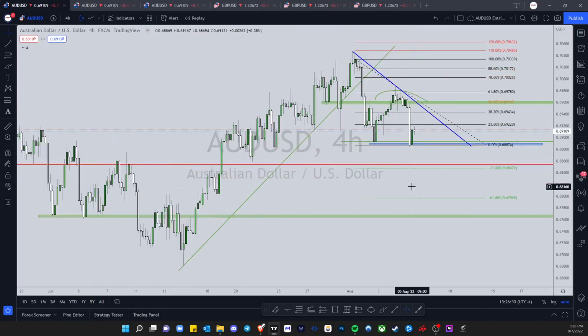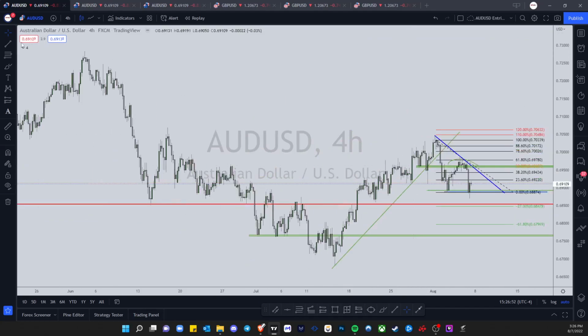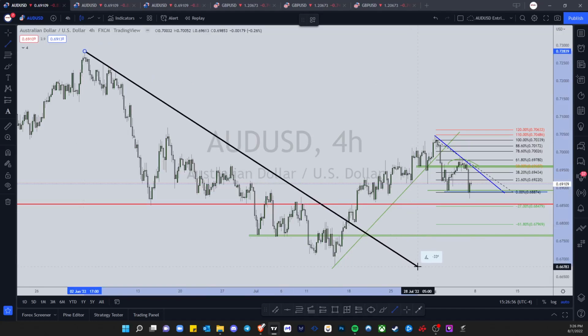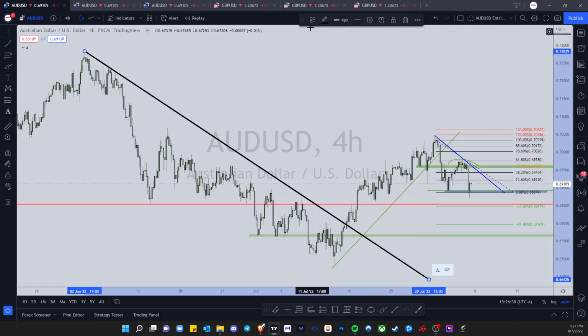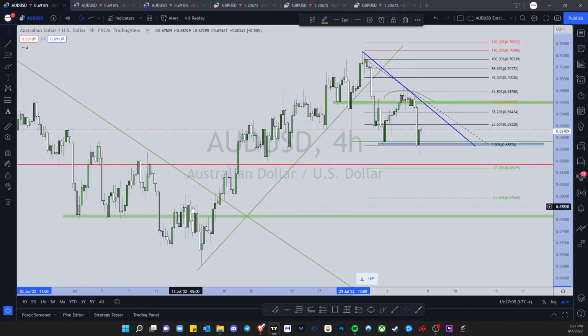I'm gonna draw this right here, and I'm gonna show you something. Previously, AU H4 was on a downtrend, right? So it broke this lower high. It still hasn't actually retested.